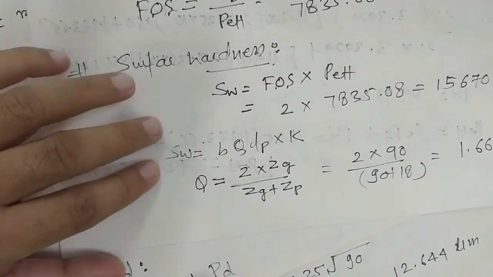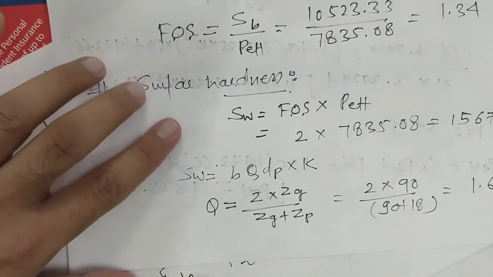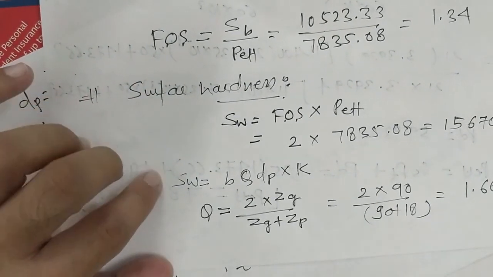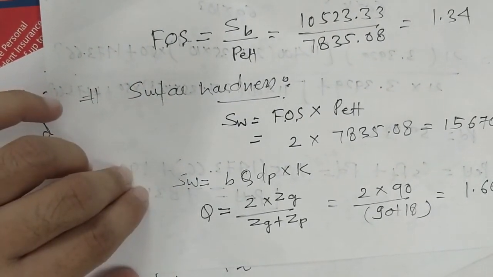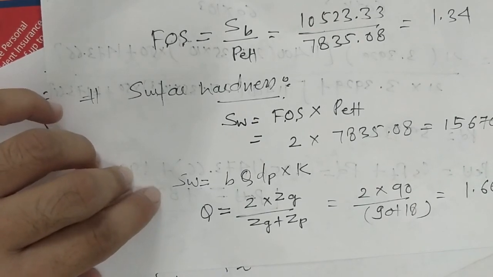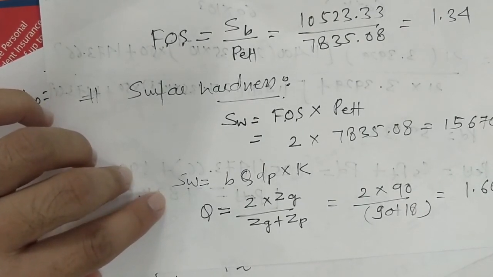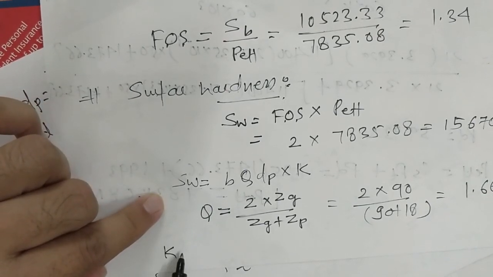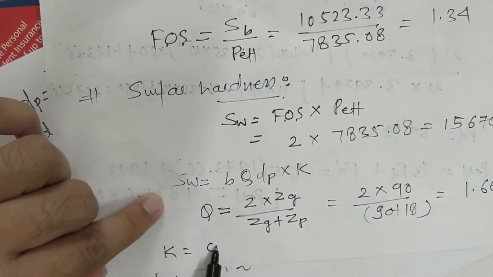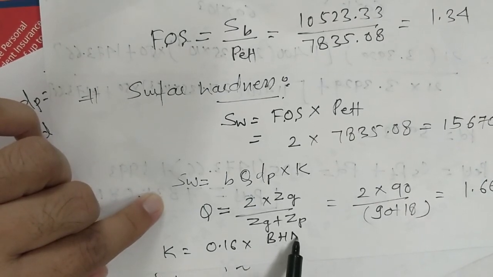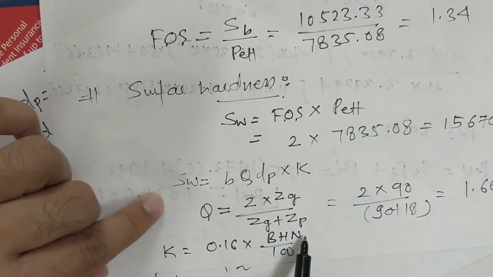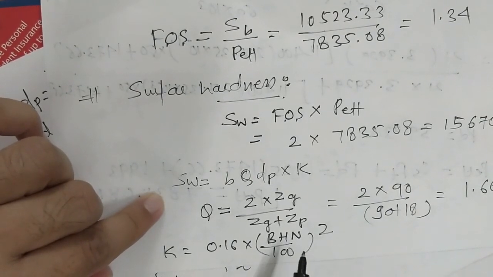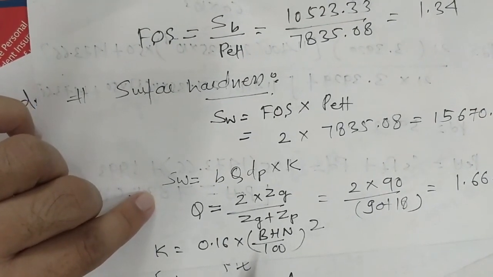And K, now again remember that statement: if both of the gears are made of steel and pressure angle is 20 degree, then K can be found using this formula, 0.16 multiplied by BHN divided by 100 square. Here BHN is Brinell hardness number.